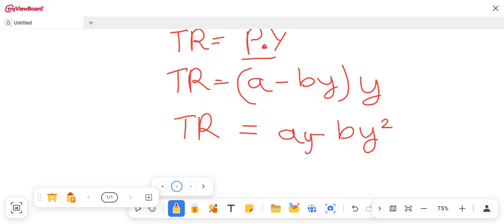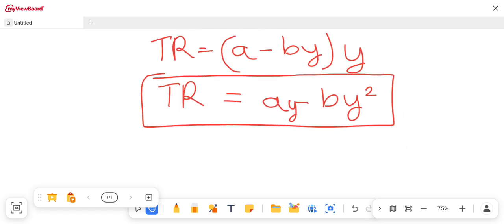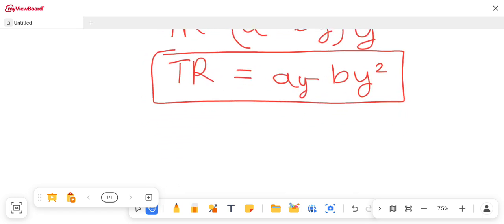Sorry, Ay minus By square. So from here we get to know that the slope of the total revenue curve is minus B. How come?